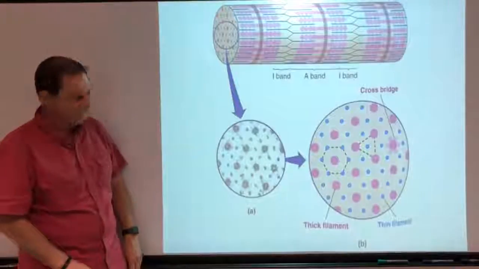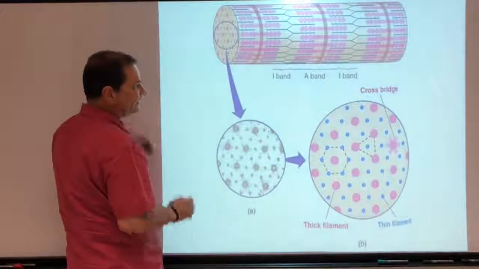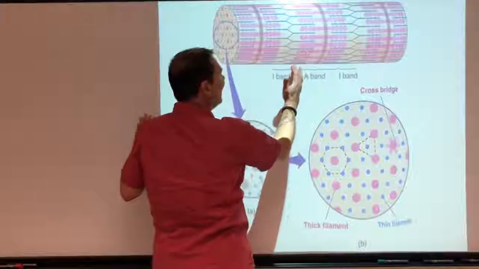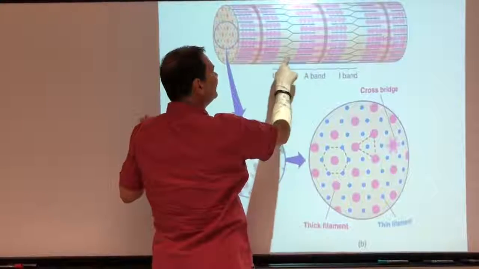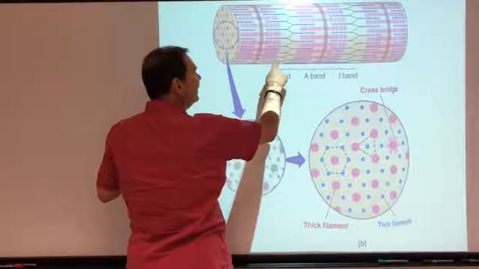All right, so this is how our filaments are arranged. This is a cross section through the A band. So the A band has overlap of the actin, the thin filaments here, and the myosin, the thick filaments here.